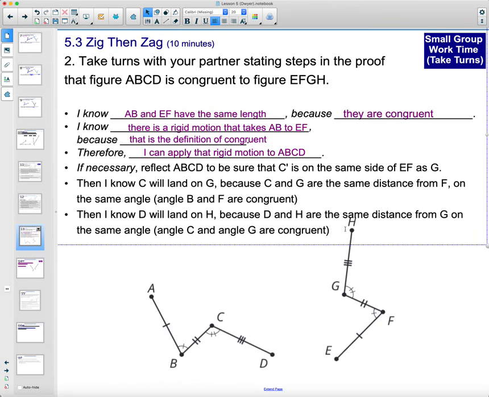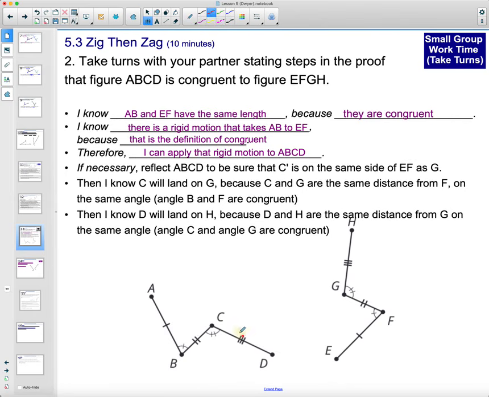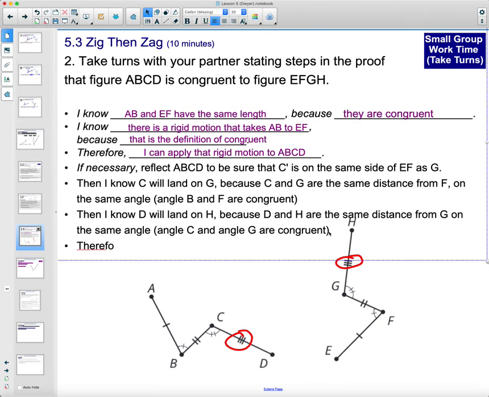So now how do you know D lands on H? Well, D lands on H because they're the same length away from G, because C is on top of G. So D is the same distance from G as H is. So therefore, ABCD is congruent to EFGH.